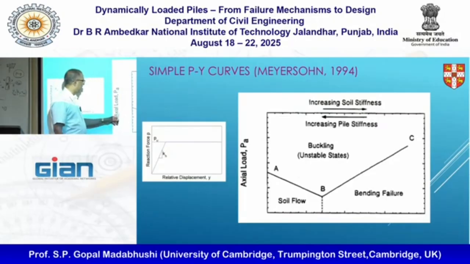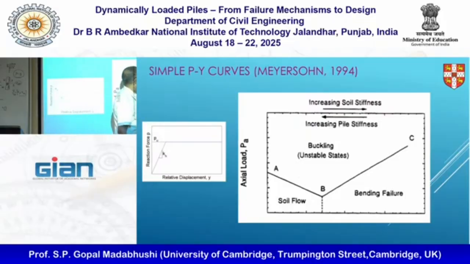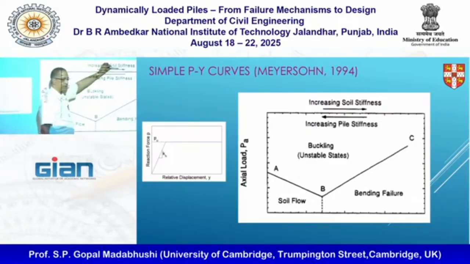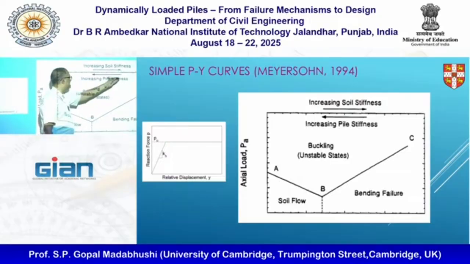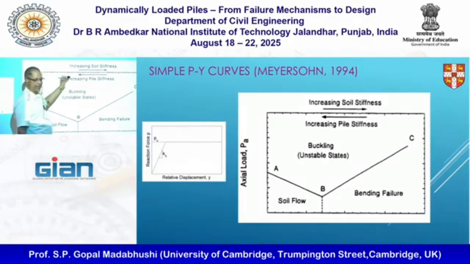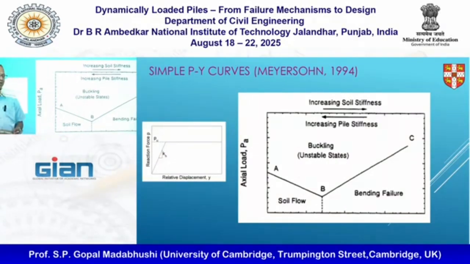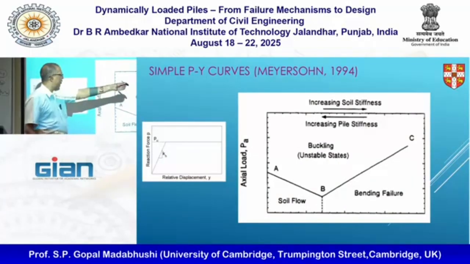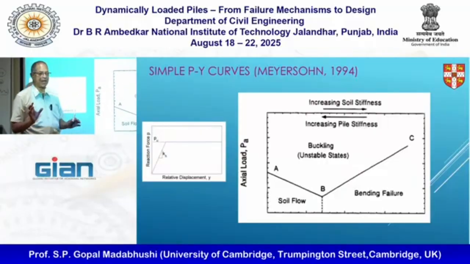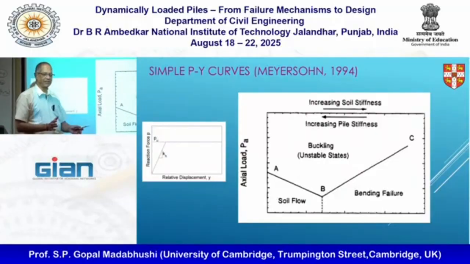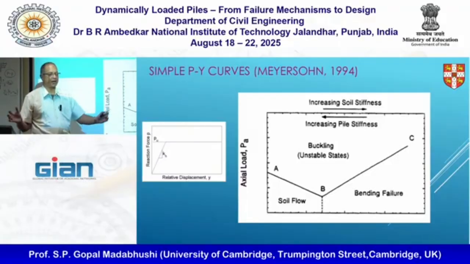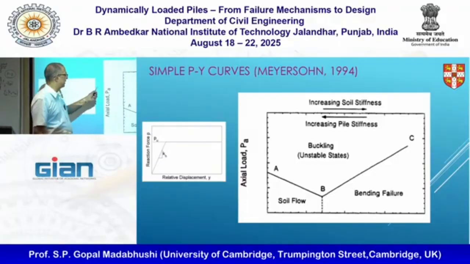I'm plotting axial load on this axis, and on the x-axis I have increasing soil stiffness, and in the other direction increasing pile stiffness. As I go from left to right, imagine soil stiffness is increasing, and going right to left, pile stiffness is increasing. For example, the piles are thicker, with bigger diameter.